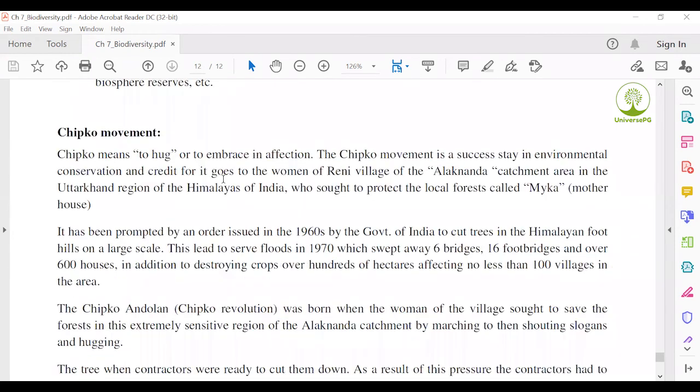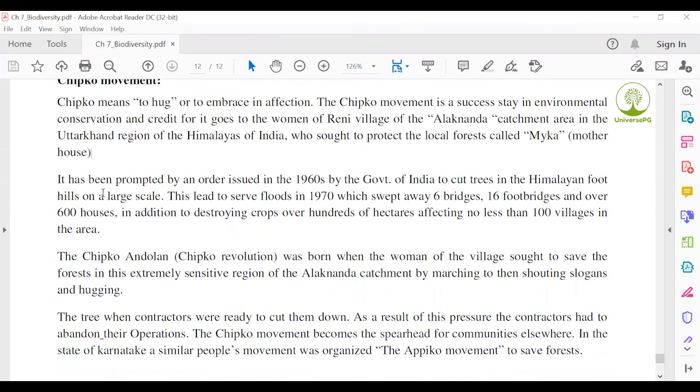Last term of today's class, Chipko movement. The Chipko movement is a movement that occurred in India when the Indian government destroyed different types of plant species outside the road for the construction of drainage and for the enlargement of the road.